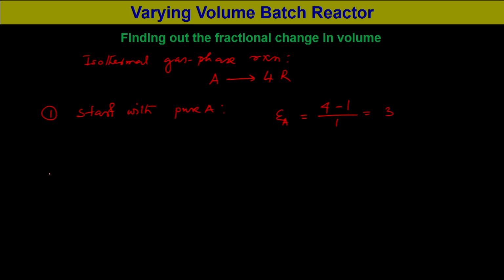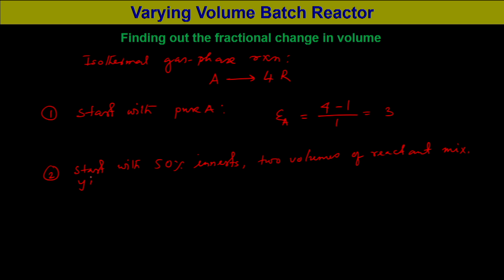Now, in the second case, if we start with 50% inert, with 2 volumes of reactant mixture, which yields on complete conversion 5 volumes of product.